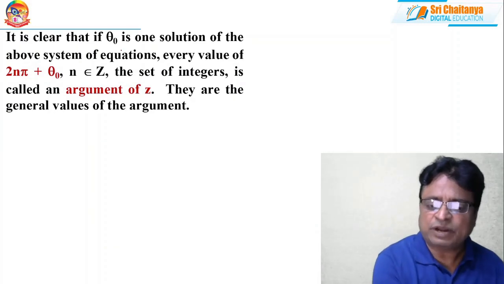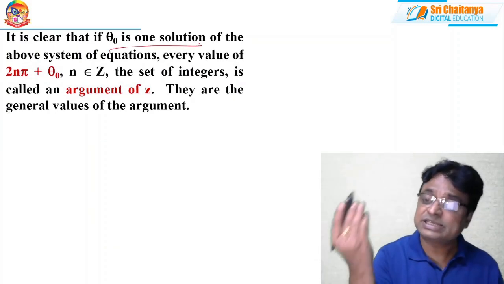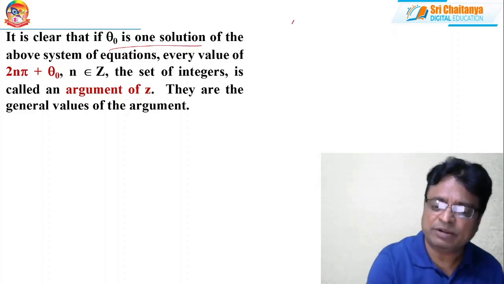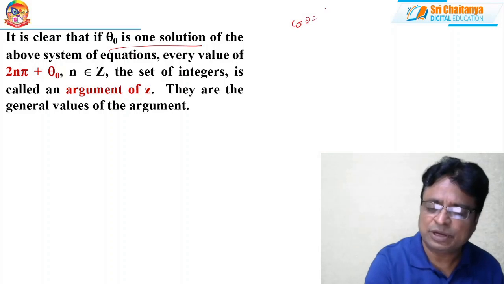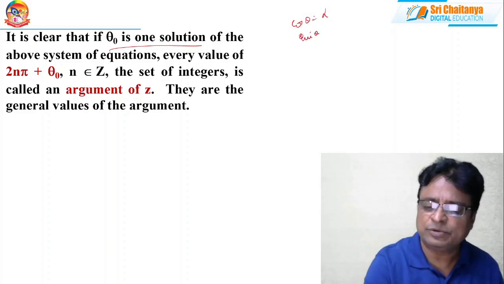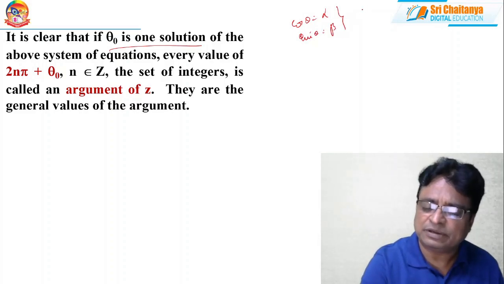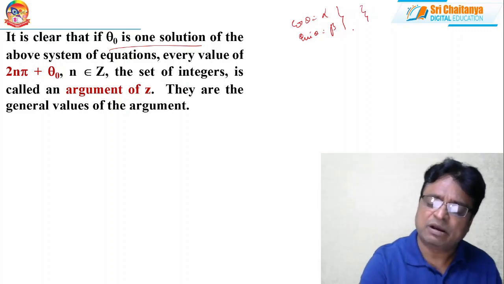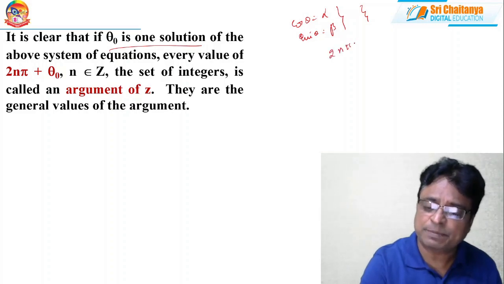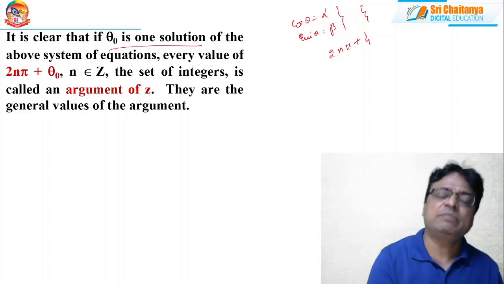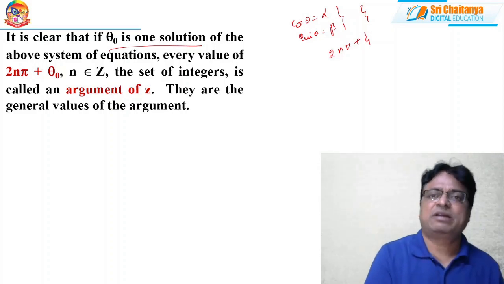Now, coming to it, it is clear that if theta naught is one of the solutions, because there exist several. If cos theta is equal to alpha and sin theta is equal to beta, and theta naught is a common solution for both the equations, then the general solution we can write as 2n pi plus theta naught, because there exist infinitely many arguments for a complex number.